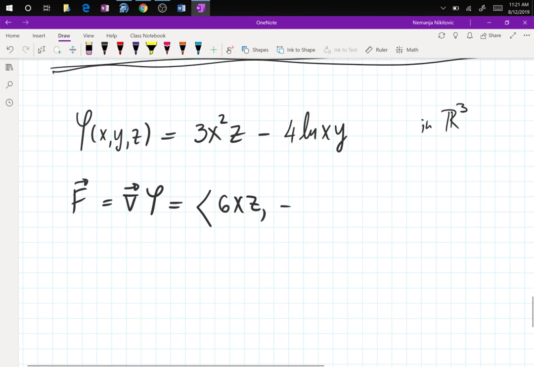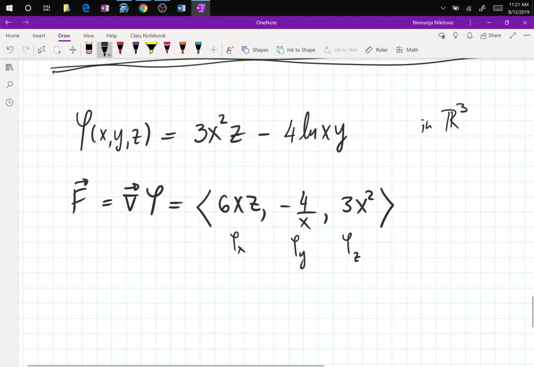So just negative 4 over x over here. And in terms of z is 3x squared. So this is just your phi x, phi y, and phi z. Partial derivatives, right? That's because we know that's what the gradient is. You had that on your exam last week. To find the gradient is the vector of partial derivatives.